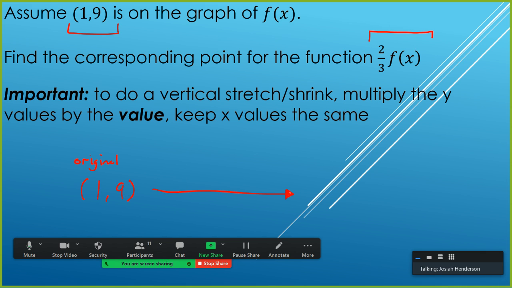Okay, this time I'm going to ask for any volunteers who are willing to try it and just tell me in the chat or out loud verbally, what are we going to do? What is our move here? What are we going to multiply to what? Can we tell from our translation rule above? Is it going to multiply to the x or to the y? And is it going to be flipped or is it going to be 2/3? Any ideas?